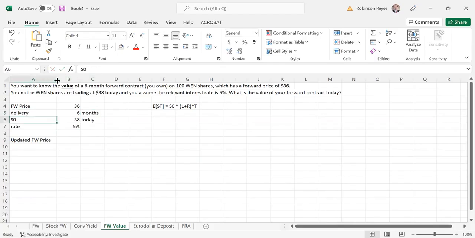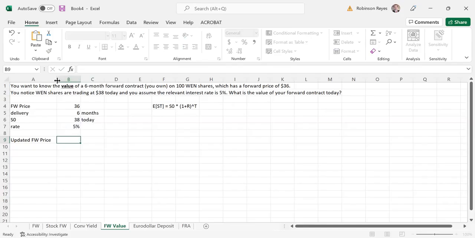Let's just do this delivery, 6 months. Now let's write this formula again, which is basically what we are going to use. It would be S0, 38, multiplied by 1 plus the rate to the power of 6 divided by 12, right? Because we are simply stating the time until the delivery date in terms of years.